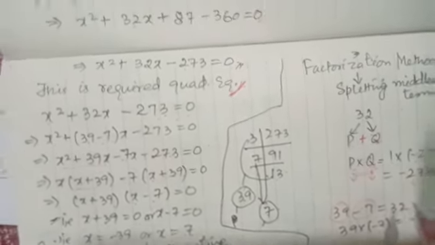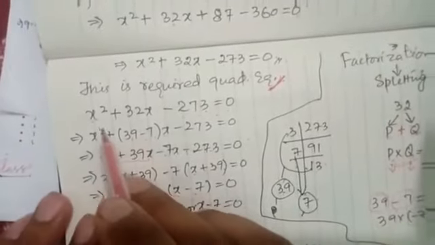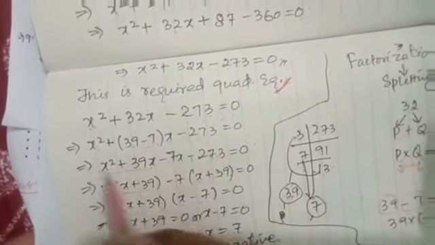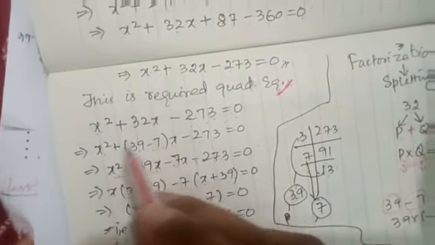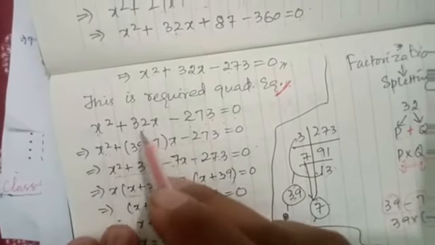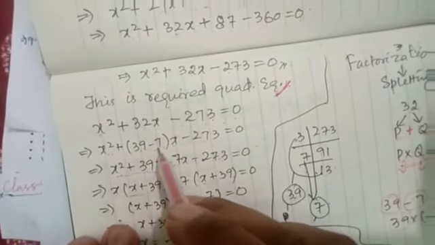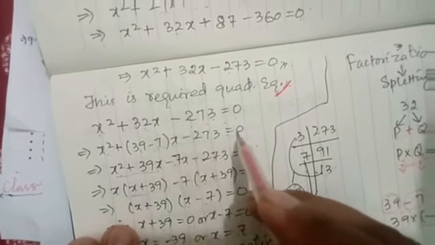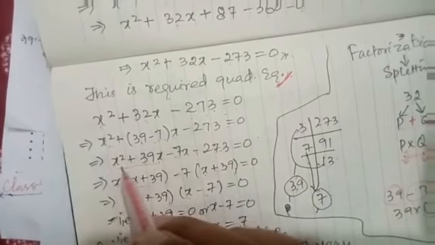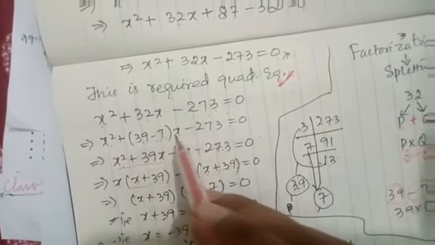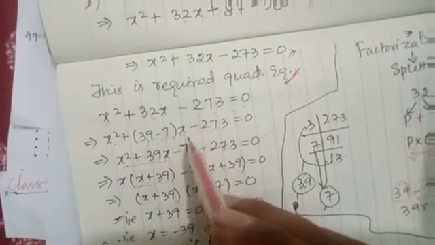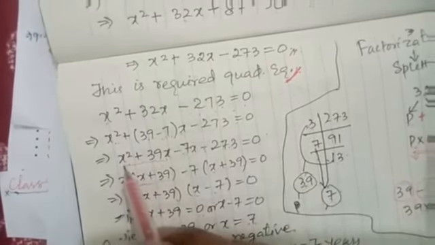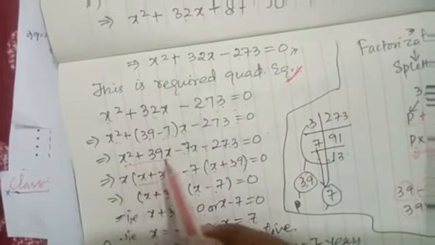Now see how to utilize it here. Here is the equation: x square plus 32x minus 273 is equal to 0. I will write x square here, and instead of 32, I will write 39 minus 7 x, because 39 minus 7 is 32, minus 273 is equal to 0. Then x square is here, 39 into x is 39x, minus 7 into x is minus 7x, minus 273 is equal to 0. See here, in x square and 39x, x is common.